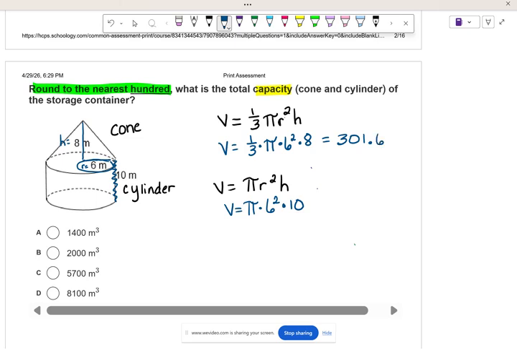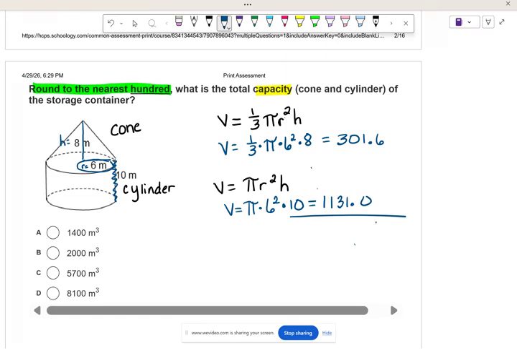For the cylinder at the bottom, we're going to type in pi times 6 squared times 10. And that volume would be 1,131.0. And then we're going to add these two together.